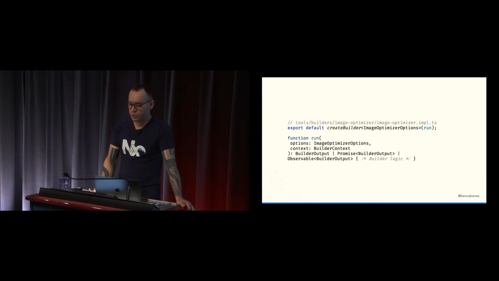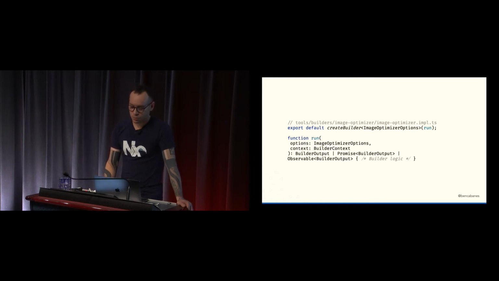Options received by the builder when running a target are first read from the angular.json file, then overridden by the configuration, then overridden by the command line flags. The context is our communication link with the CLI, and we can send messages and trigger internal actions to the CLI from our builder. That means that we can set sequential or watch mode, and we can trigger other builders from our builder.